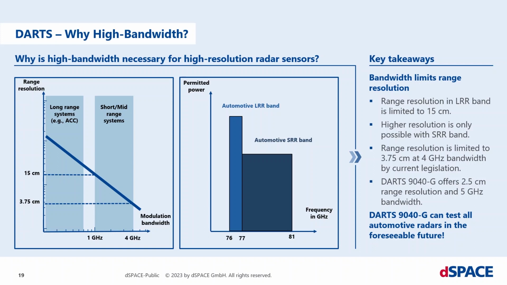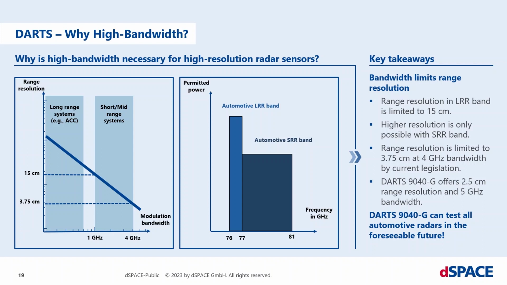While systems that only use the narrow long-range radar band have a theoretical resolution limit of 15 centimeters, radar sensors working in the short-range radar band can go down to 3.75 centimeters of range resolution at 4 gigahertz. Even a radar that is combining both bands for a modulation bandwidth of 5 gigahertz is limited to 3 centimeters of range resolution.